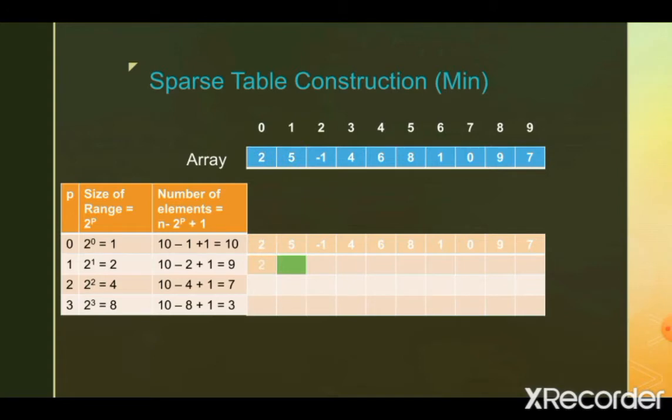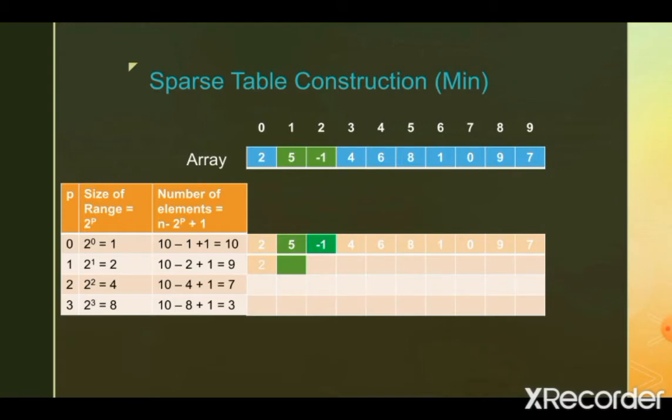Similarly, let's see how we can compute the value of the second element in the second row. This second element in the second row corresponds to the minimum value in the range in the original array from position 1 to position 2 inclusive, as highlighted in the figure.